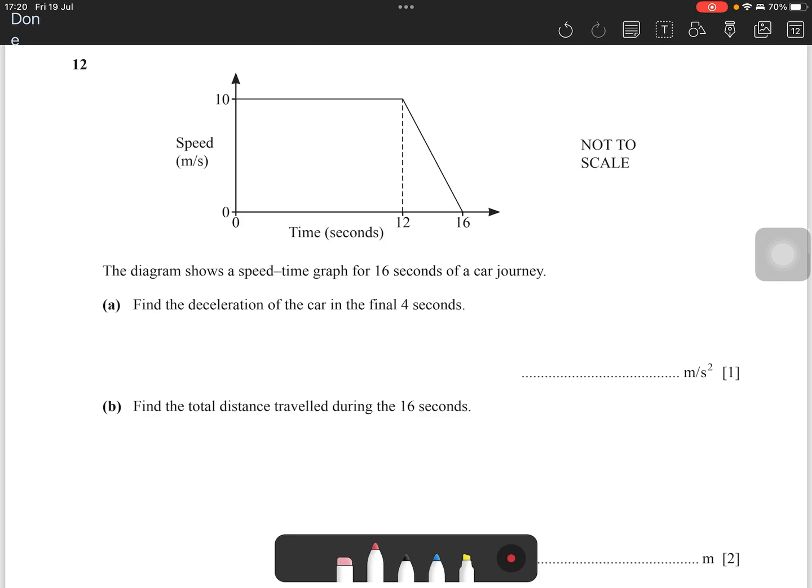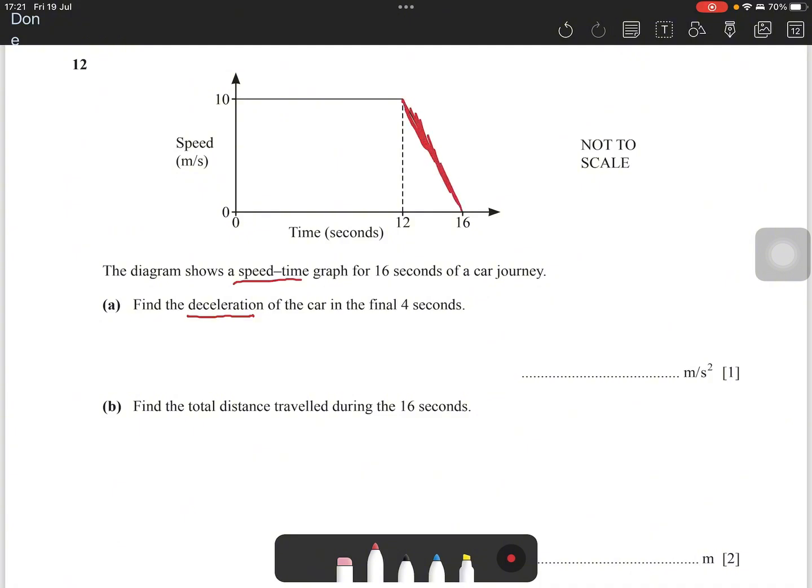Question 12. The diagram shows a speed-time graph for 16 seconds of a car journey. Find the deceleration of the car in the final 4 seconds. When you see deceleration or acceleration, it's the same as finding the gradient of the line.